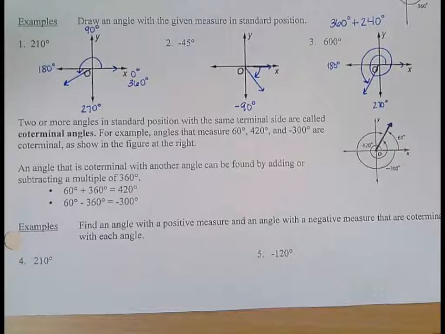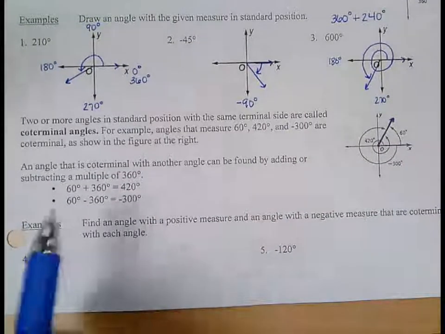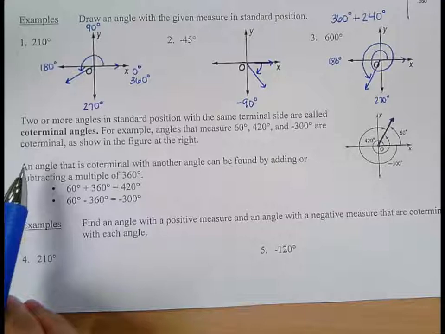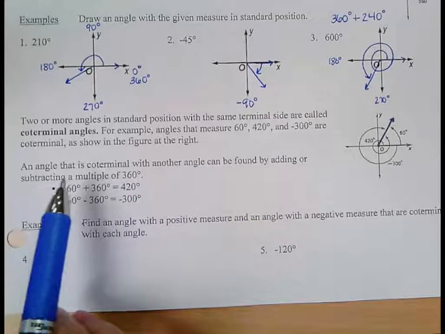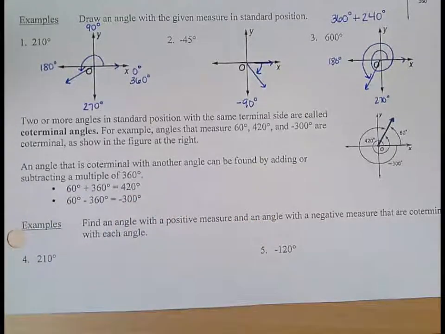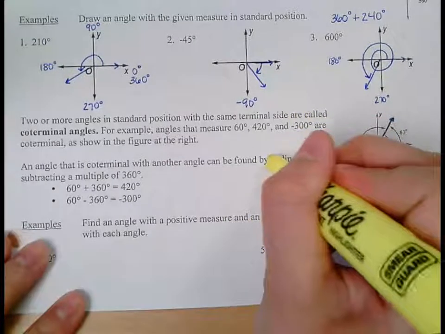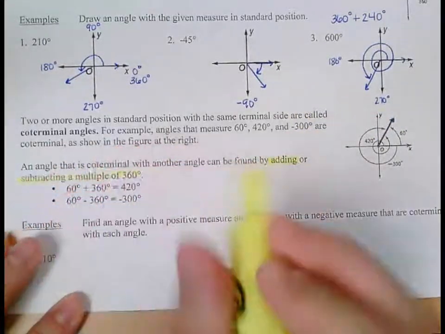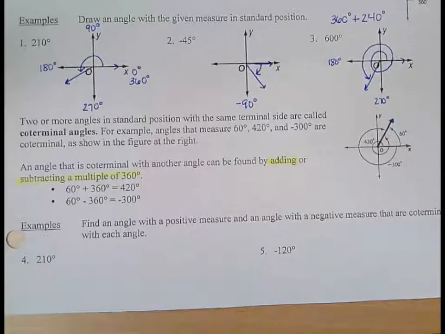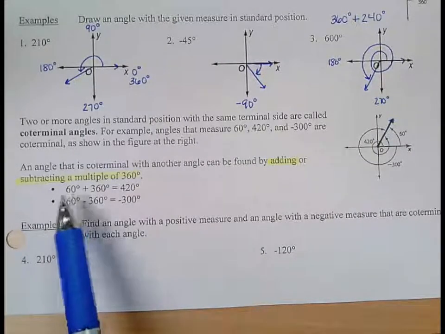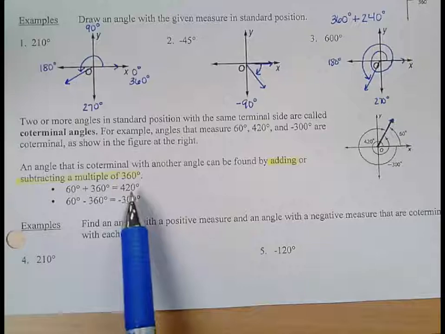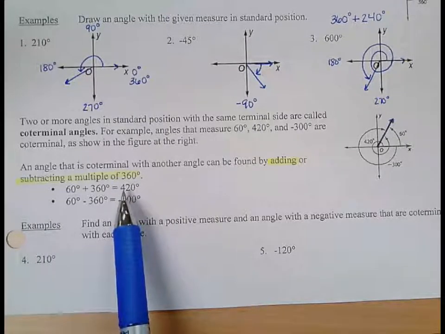They're all coterminal. To find coterminal angles, these can be found by adding or subtracting a multiple of 360 degrees. So, for example, with our 60 degree angle, if we added 360, that would give us the 420 degrees.